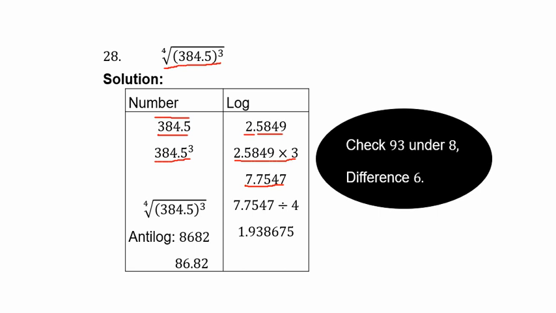Operation is gone. Then we take the root, that is fourth root. So fourth root means we divide this result by 4. That is what you have here. When you divide by 4, you have 1.83965.